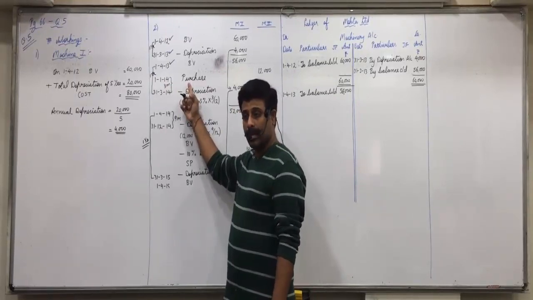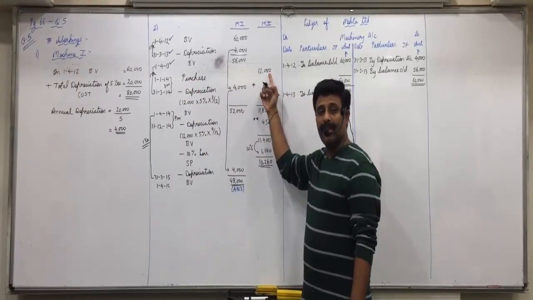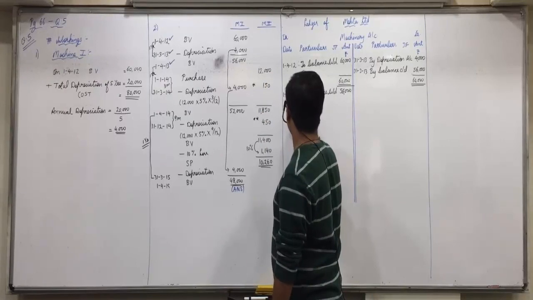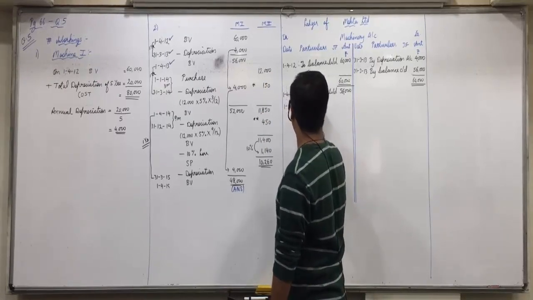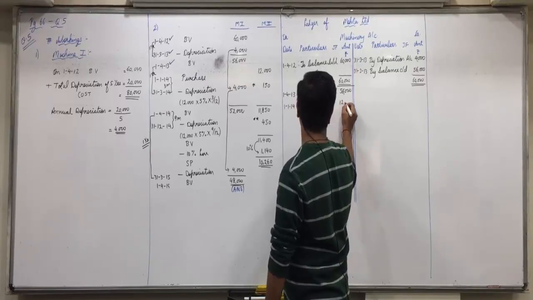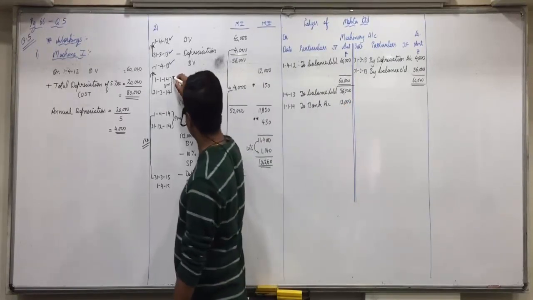Purchase will come on debit side. PP, purchase and profit will come on debit side. But there is no expense, so the entire 12,000 you would have paid by check. Debit side 1114, to bank account 12,000. Did everyone understand this?